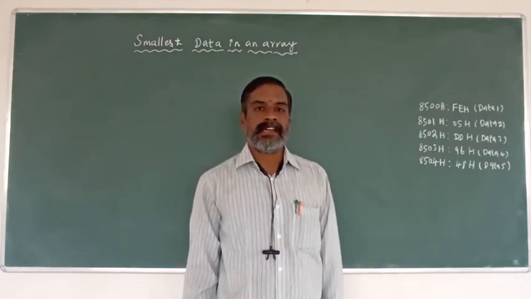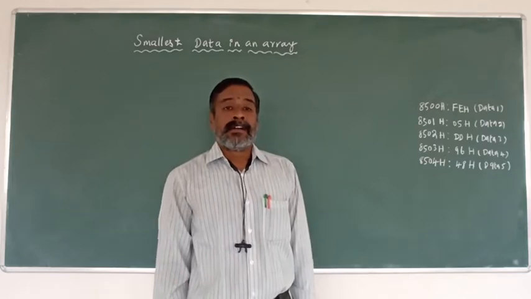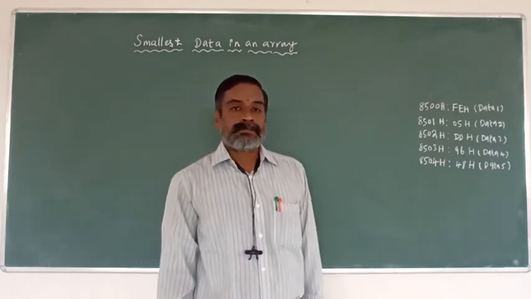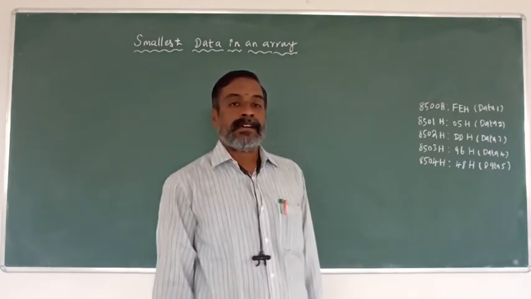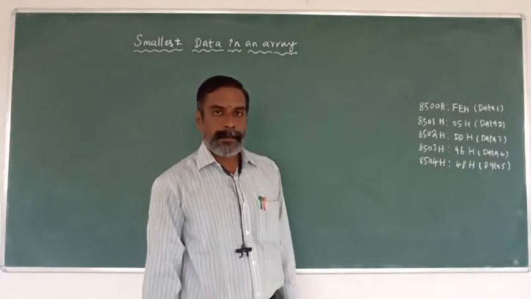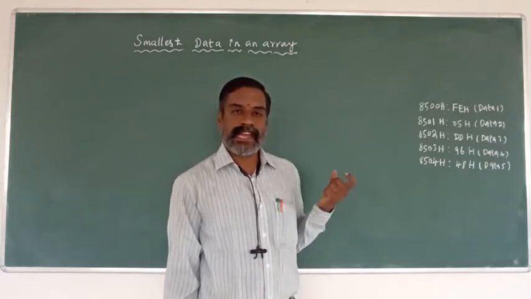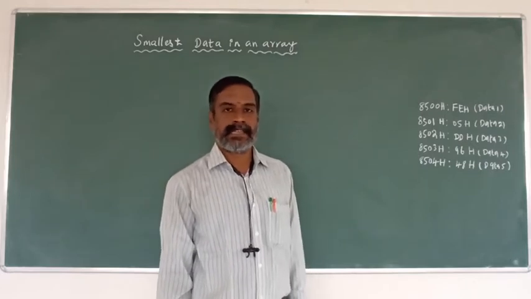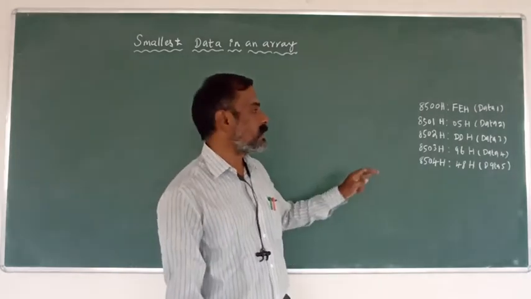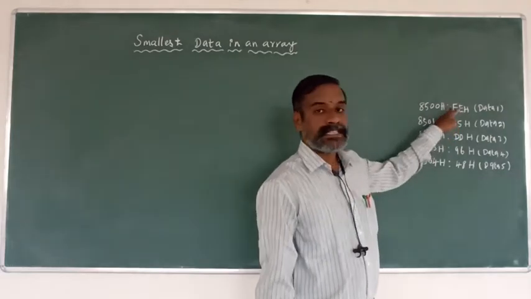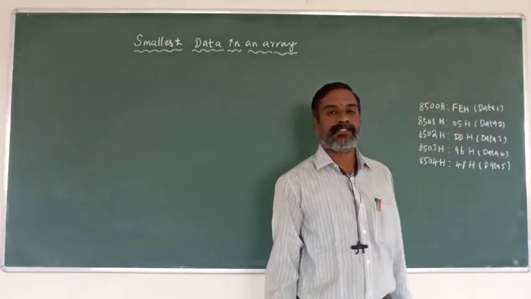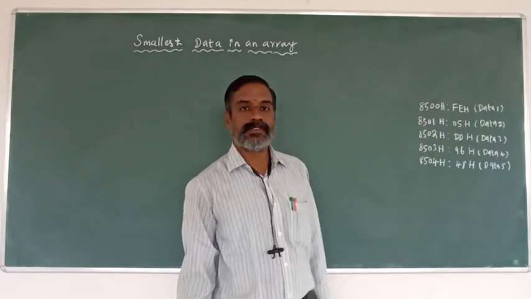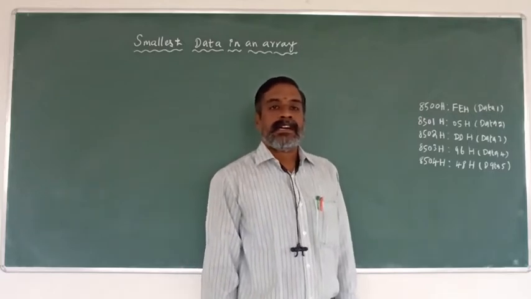In the smallest program, the largest data in 8-bit is FF. The FF data we first have to compare with the first data. Now to compare these two, which one is the smallest?